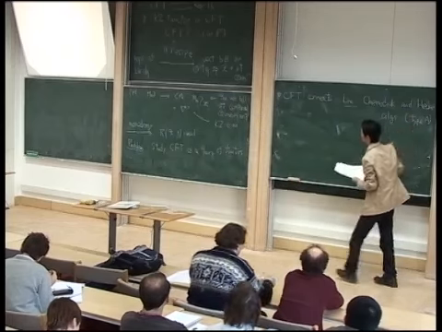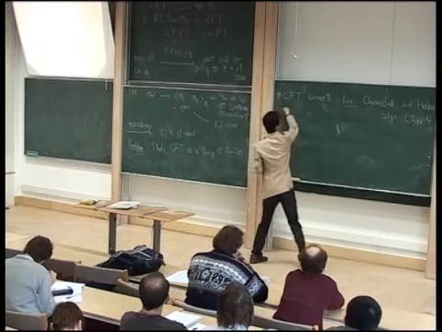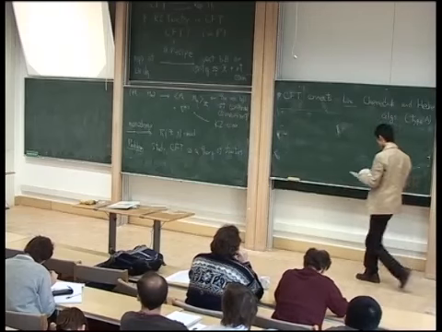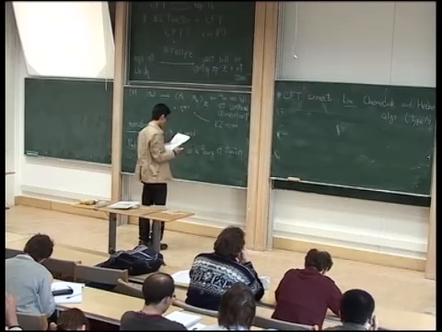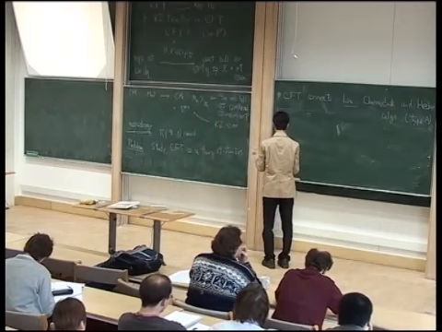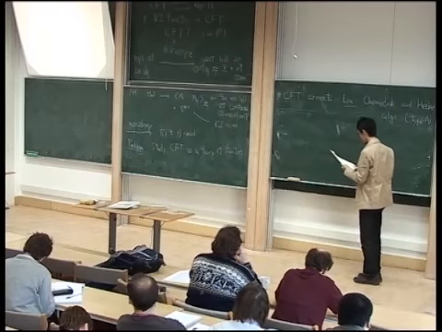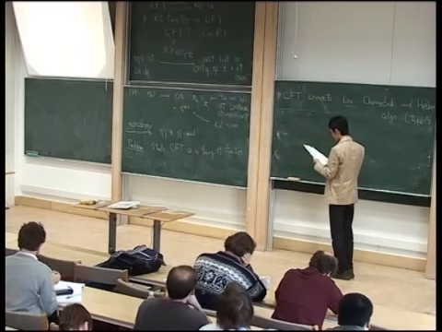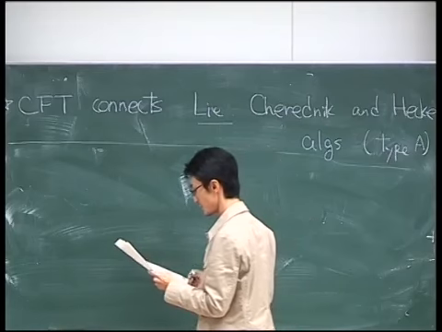And the Hecke algebra appears via monodromy. So I will show what the connection is, what the functor is, concretely, and how nice they are. Actually, some of these functors are nice and mathematically new.